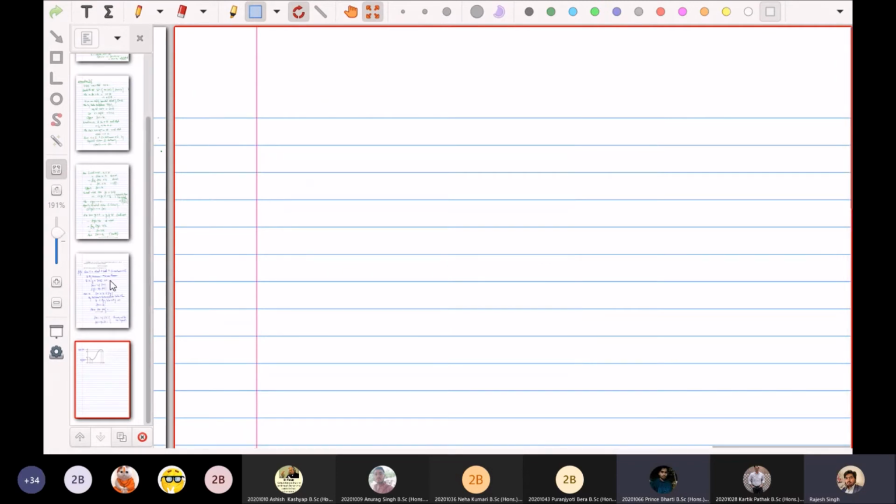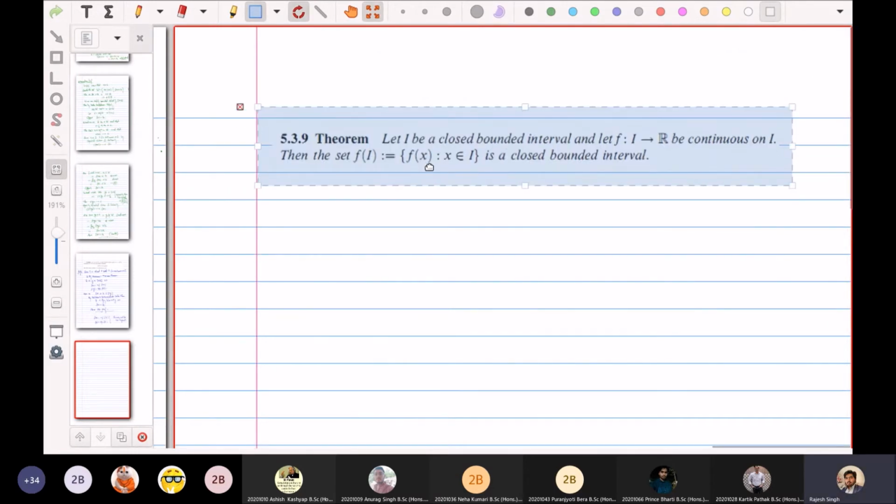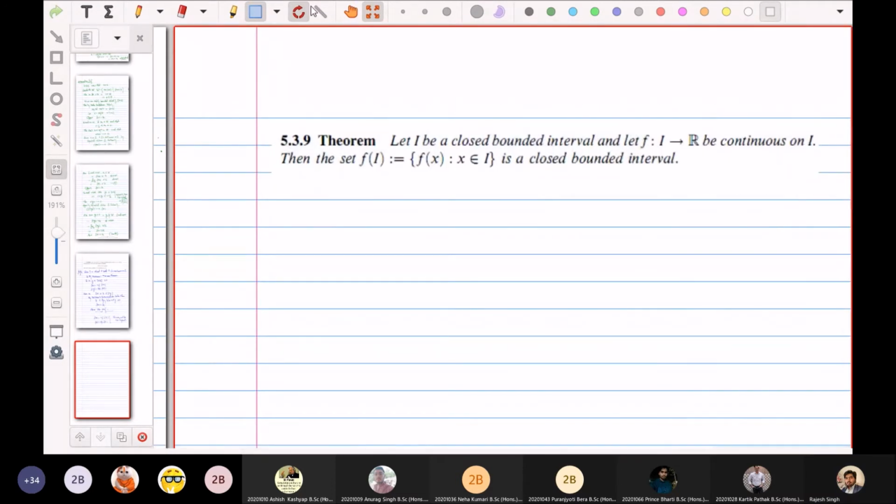Now we will do another theorem. It is a simple theorem, and it is based exactly on this. Continuous image of a closed and bounded interval is a closed and bounded interval. So this is the statement, if you can see.